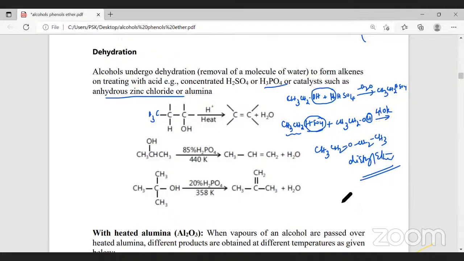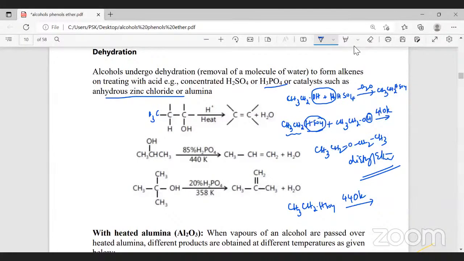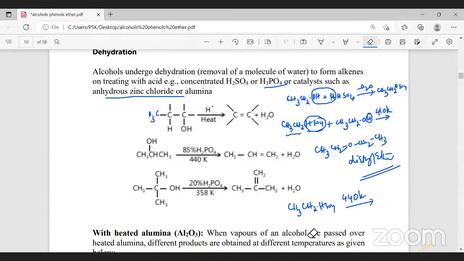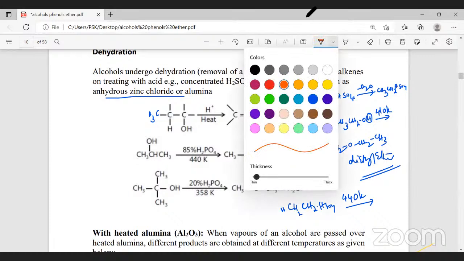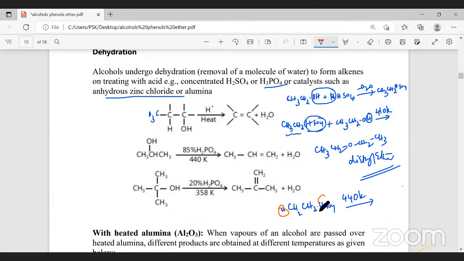So at 440 Kelvin, what happens? The same ethyl hydrogen sulfate, CH3CH2HSO4, when you heat it at 440 Kelvin, I am writing the CH3 for my convenience as CH2 and H. At 440 Kelvin, this hydrogen and this HSO4 get eliminated as the byproduct H2SO4.